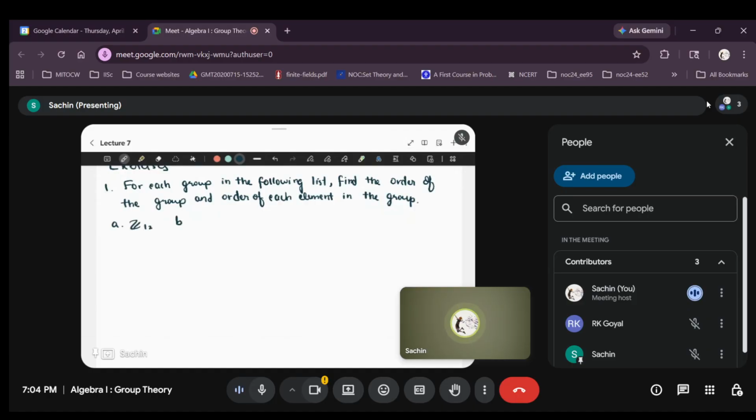The first group is Z12, second is U12, third is U20.